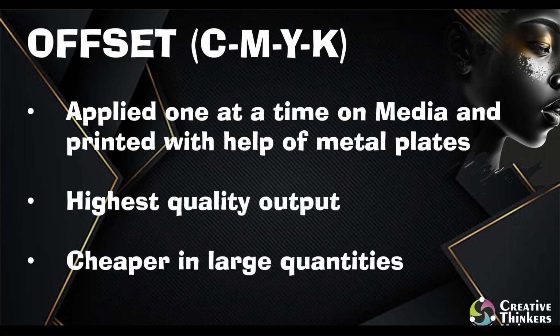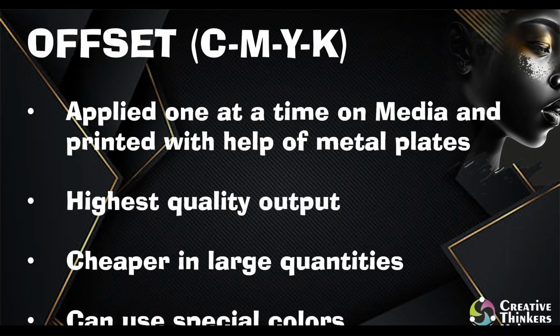It becomes much cheaper in larger quantities for two very simple reasons. The wastage in offset is a fixed wastage. Whether you print 10 copies or 50 copies, the registration wastage is the same. But after that, the ink cost is very low, and you can print on bigger media, and therefore in large quantities it becomes very cheap.